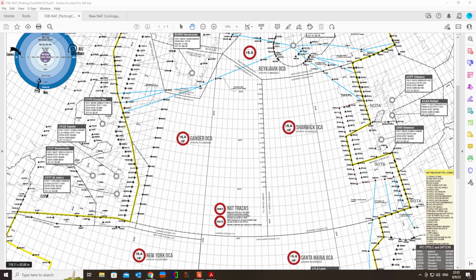Exciting topic today is the North Atlantic navigation. And in front of us now we have the North Atlantic plotting chart. I'm not going to go into details of how to plot our flight using the organized tracks.